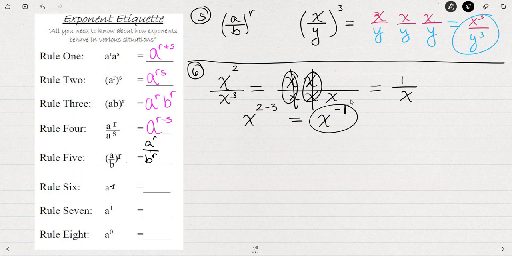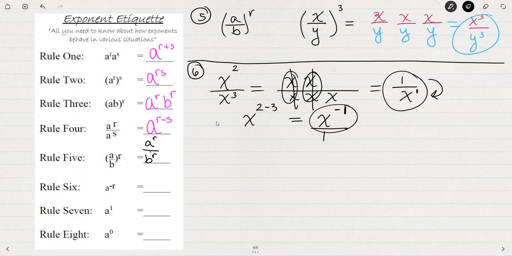And do you see that this x to the negative 1 has to be equivalent to this 1 over x? And what we do is we move this from the numerator, because you could picture this x to the negative 1 as being x to the negative 1 over 1. To make it positive, it has to move from the numerator down to the denominator.